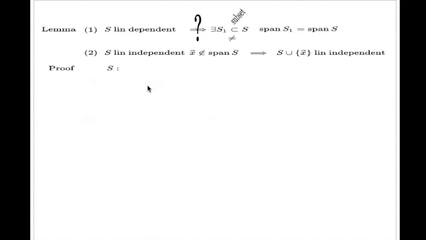So what I will do is give names to the vectors within this set. Let's just say my set has m vectors like this. We know the set is linearly dependent. So what does it mean? By definition, it means that I can produce coefficients, lambda 1 to lambda m, one for each vector, real numbers, with two properties.